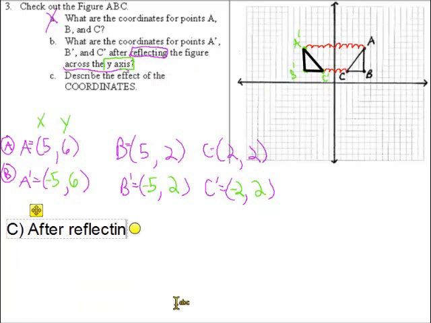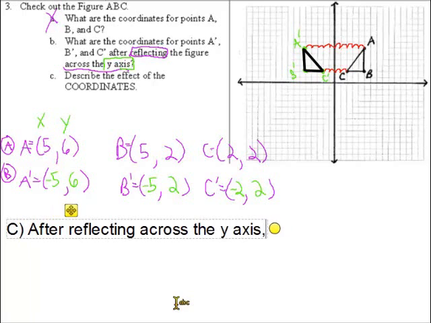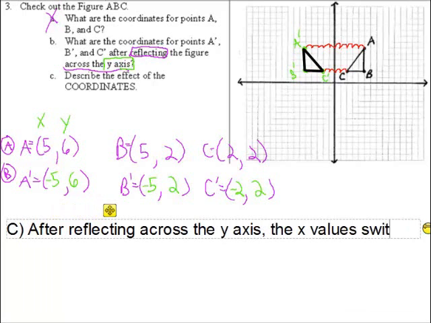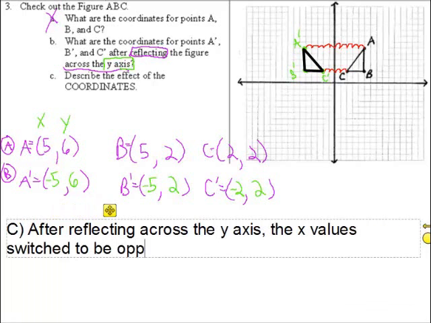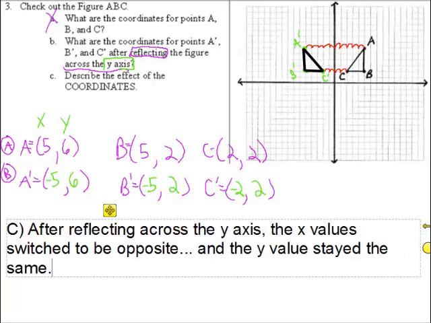After reflecting across the y-axis, the x values, you can word it any way you want, switched to be opposite, and the y values stayed the same. Okay, or something like that. All right, so you can say that the x values became opposite and the y values stay the same. But that's pretty much it.